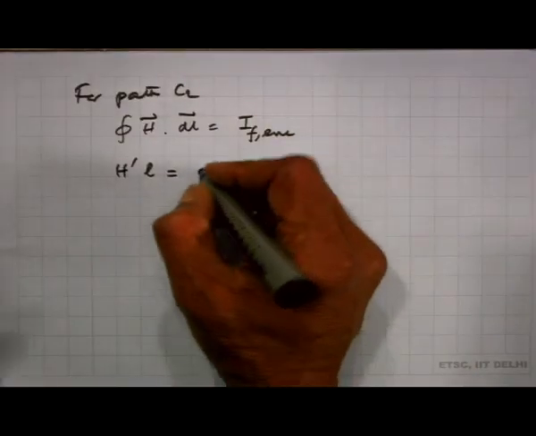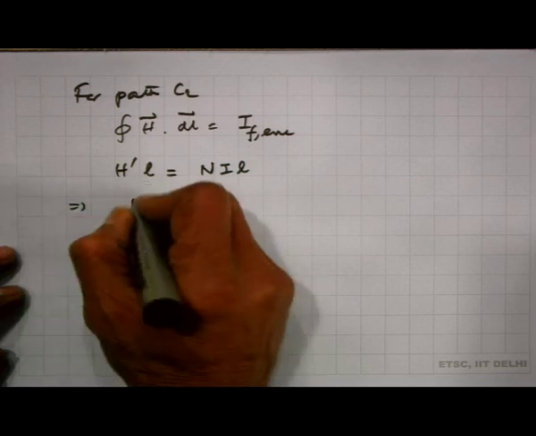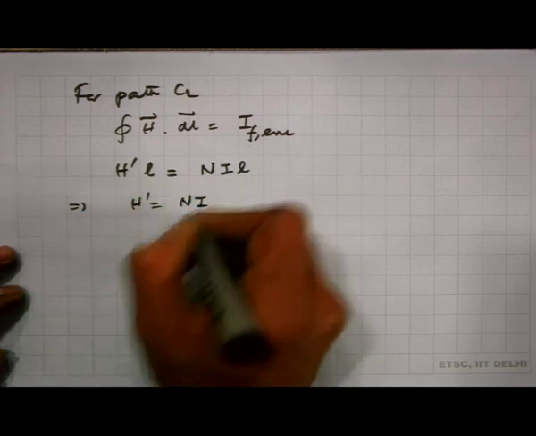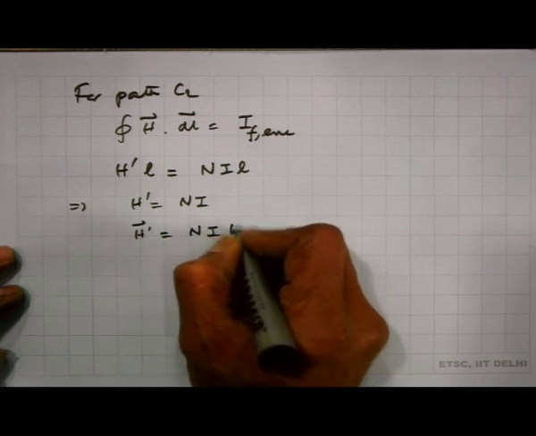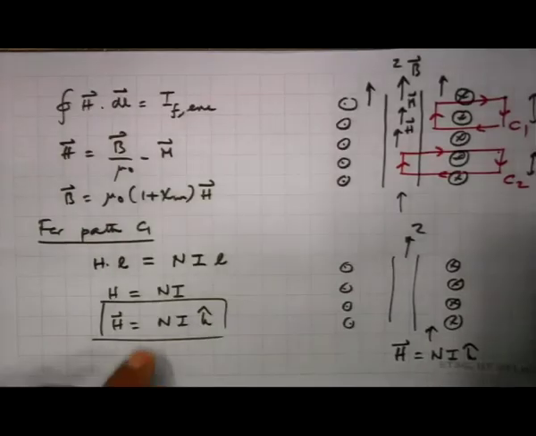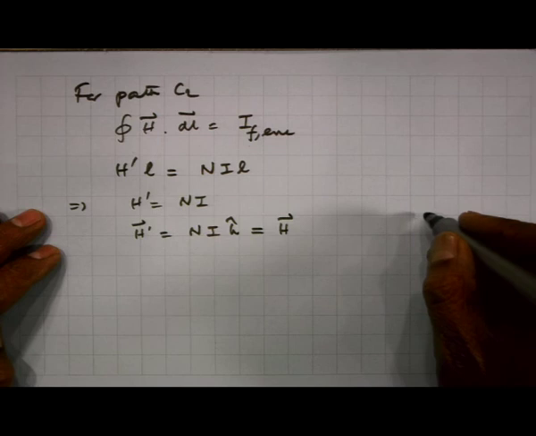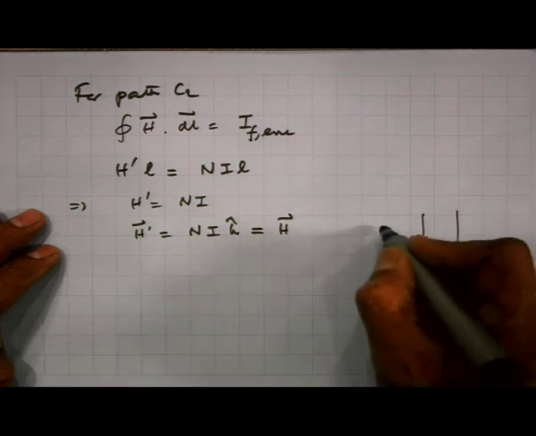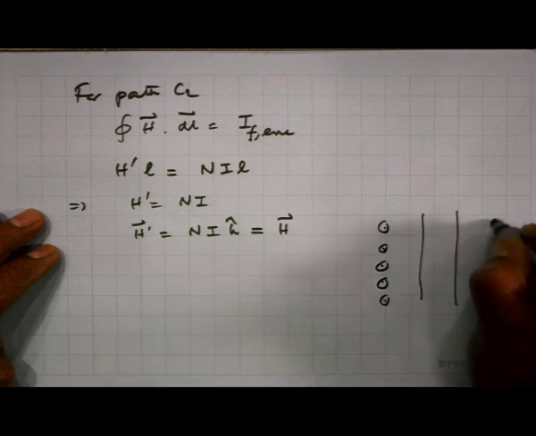So this is equal to N I L, which implies H prime is equal to N I, and the H prime vector is equal to N I k, which is also equal to the H vector. H vector is N I k, H prime is N I k. So what is happening is, if this is the material here, these are the wires of the solenoid.